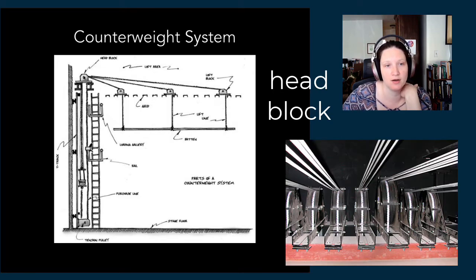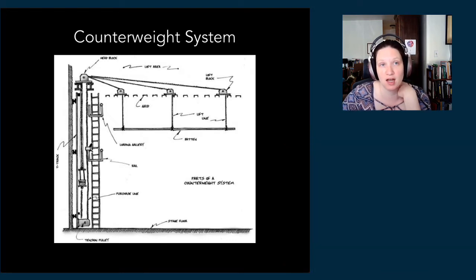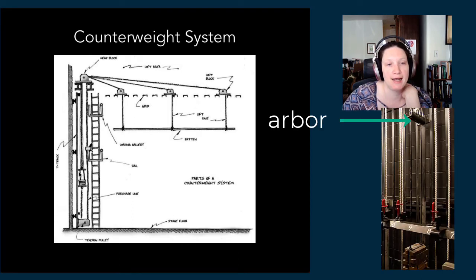Same idea, okay? But in this case, instead of just coming down as a group of wires, it'll actually connect to what's called an arbor. And the arbor is then operated by this rope here, which is the purchase line.